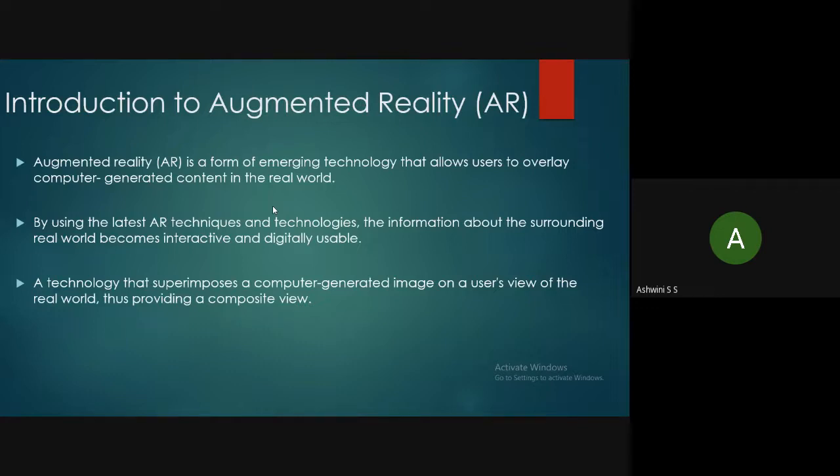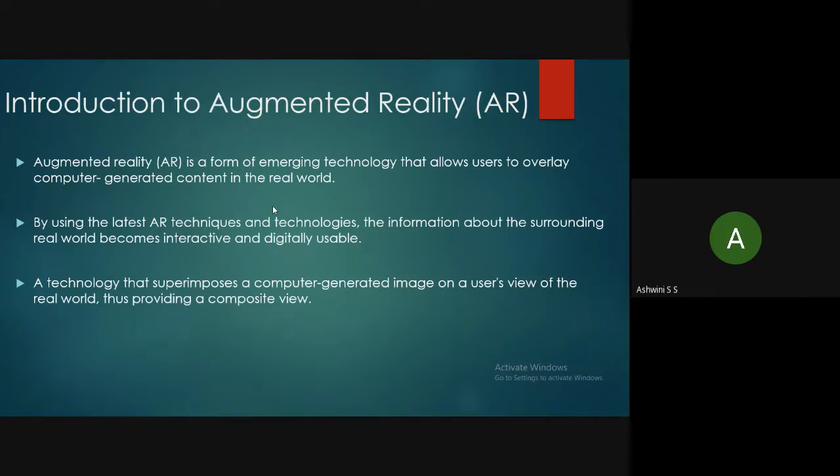Next comes introduction to augmented reality. Just note down the first point. Augmented reality is a form of emerging technology that allows users to overlay computer generated content in the real world.